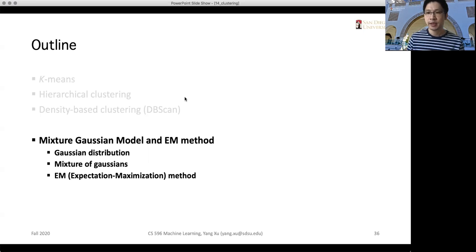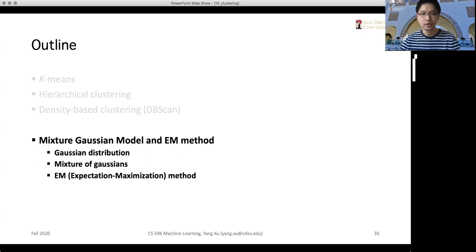The main reason I listed it as the last type of algorithm is that it is different from k-means, hierarchical clustering, and density-based clustering, because it does not assign hard cluster labels to the data points, but rather assumes that one data point can belong to multiple clusters.